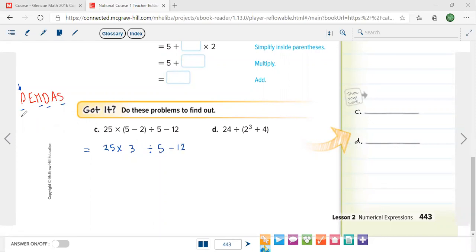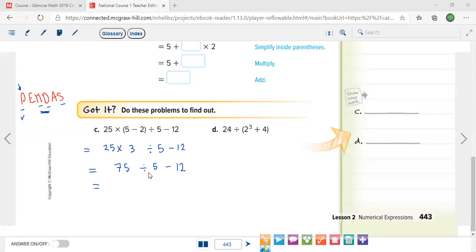So we are done with parentheses. Now we have multiplication and division. No one is preferable. So take it from left to right. So we multiply first. Don't forget equal sign at the beginning of every step. 25 multiplied by 3, 75. Then drop the division sign, drop the 5, drop minus, drop 12.